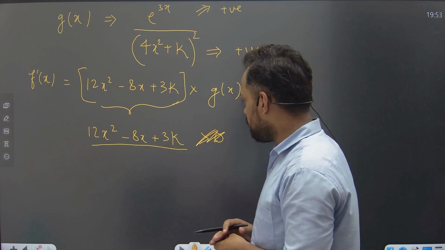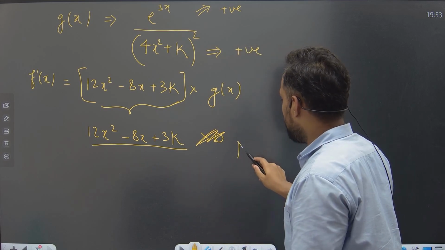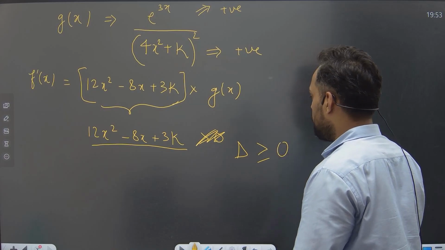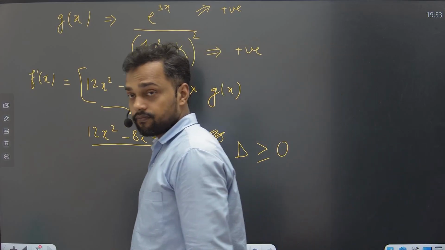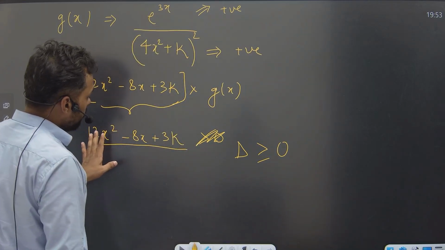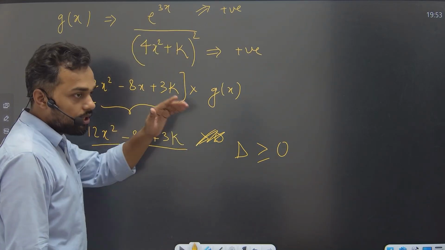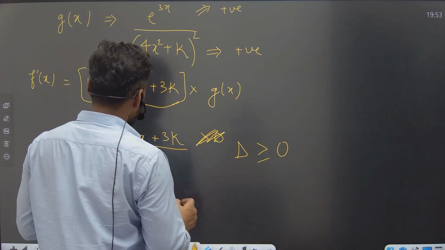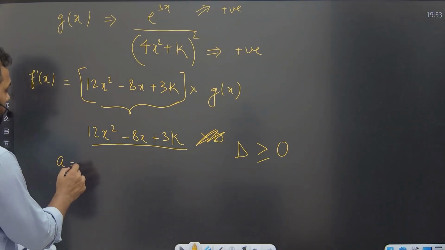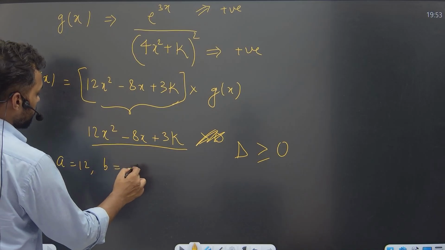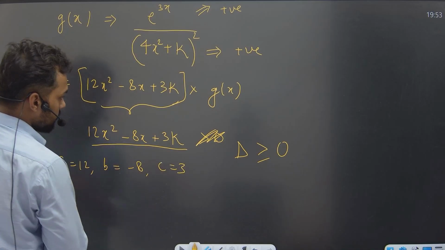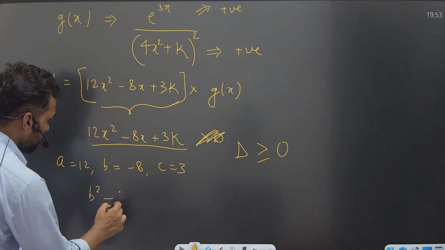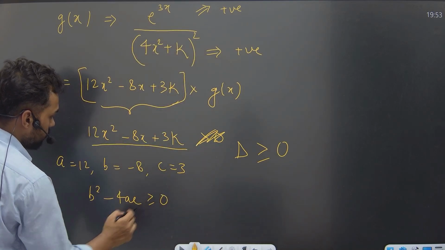So if I talk about the discriminant, for getting real roots, students, what will be the condition? It should be greater than or equal to 0. Then only we will be able to find the value of x, which will be a stationary point. So here D is greater than or equal to 0. What is a here? a is 12, b is minus 8, c is 3k. So b² minus 4ac must be greater than or equal to 0.